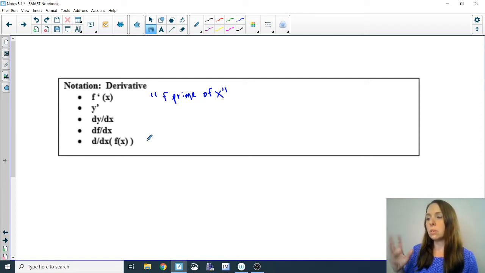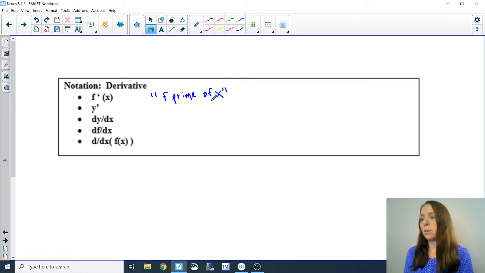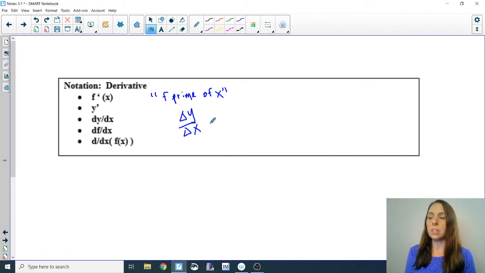But all of those are just a variation of delta y over delta x, which is one way that you can show that you are doing slope between 2 points, change in y over change in x. However, the delta was changed to a lowercase d, indicating that you are doing an infinitesimally small change in the function, because you're taking 2 points and putting it into change at 1 point.